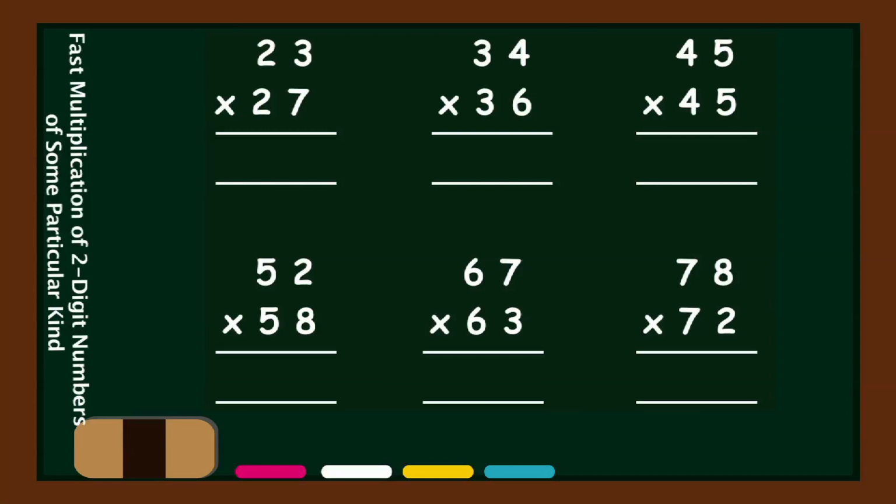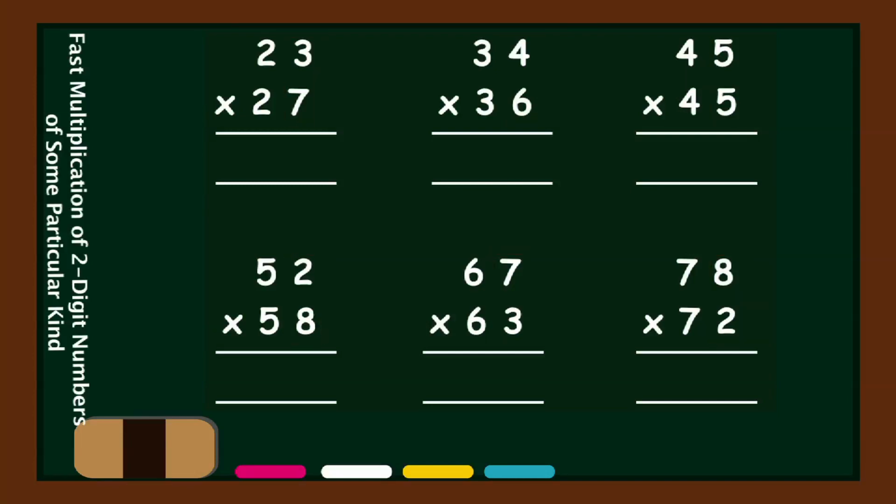If we see these problems, we can observe there is one common thing. What is that? In all these problems, the digits in tens place are same. That is, here 2 and 2, 3 and 3, 4 and 4, 5 and 5, 6 and 6, 7 and 7. And the digits in ones place are different.